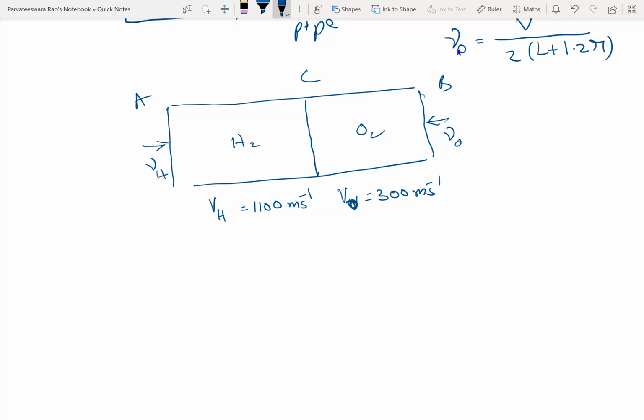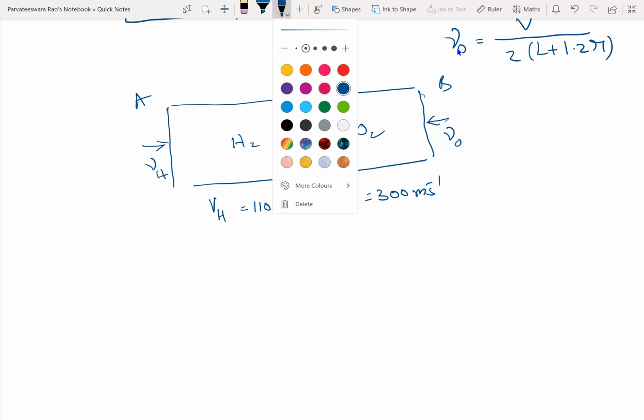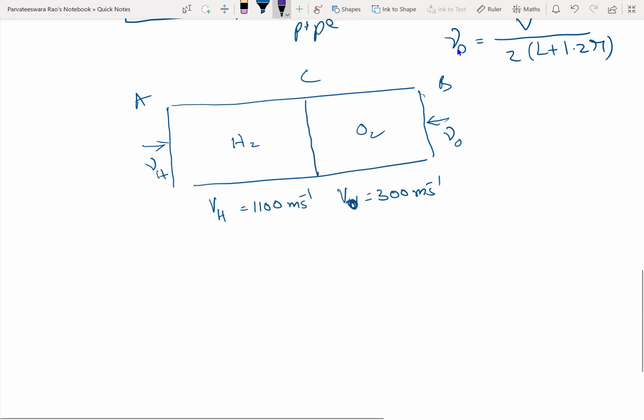So here a node should be formed at the diaphragm C. That's what is mentioned here. This is how we can show the formation of stationary waves, like this in hydrogen, and this in oxygen.